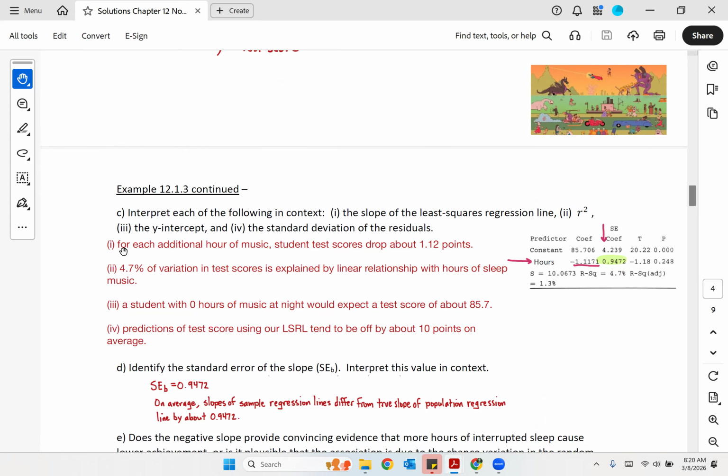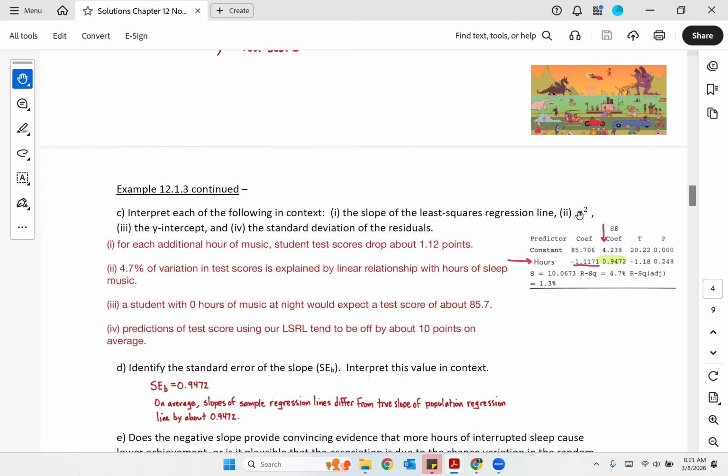So we can say for each additional 1 hour of music that a student is exposed to, their test score drops by about 1.12 points. You know that it drops because negative slope. Okay. So make sure you get good context in there. If there's an increase or a drop, make sure that you communicate.